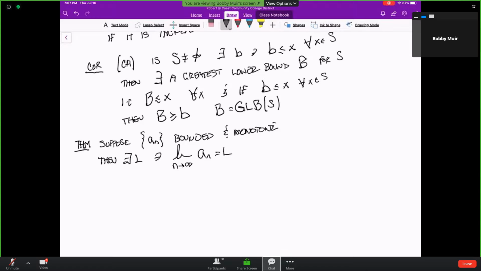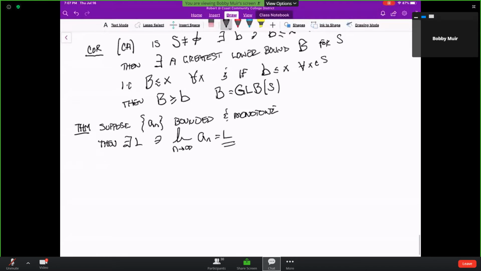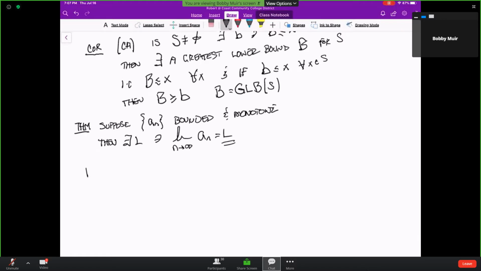Okay. All right. So obviously the completeness axiom is going to have to come in here because we're going to have to produce a magic number L. And we have nowhere to go try to get it. You know, there's no cupboard for us. Okay, so here's the proof. All right.